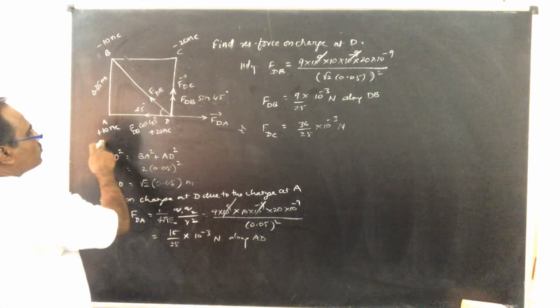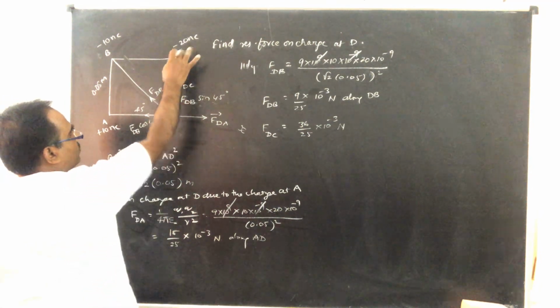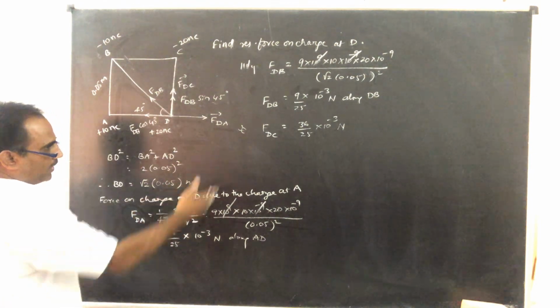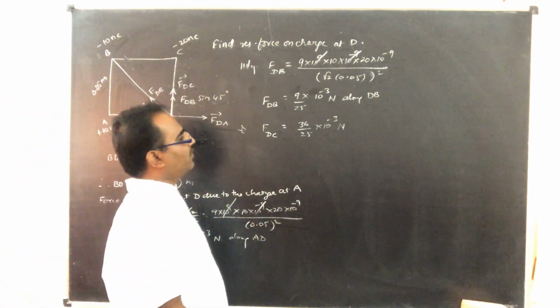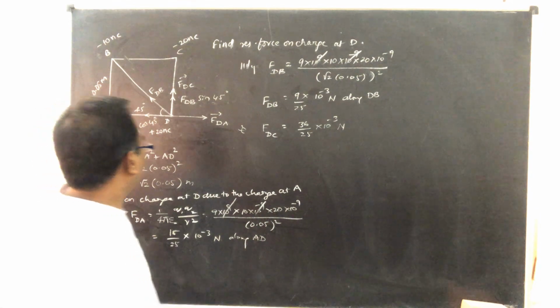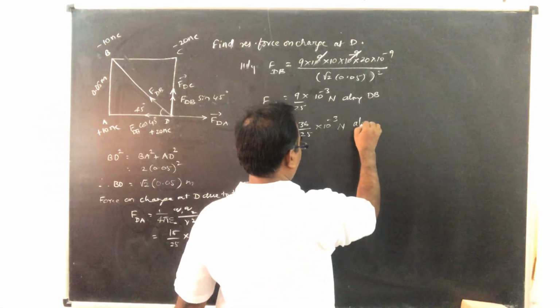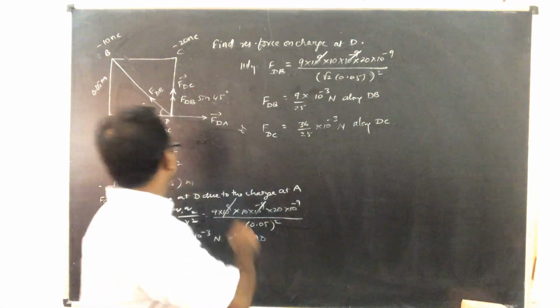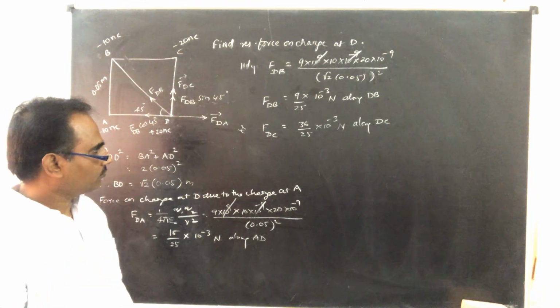The product of these two charges, if you compare with this one, will be 2 times. Therefore, the force becomes 2 times. So it is 36 by 25 into 10 to the power of minus 3 Newton along DC, in this direction.